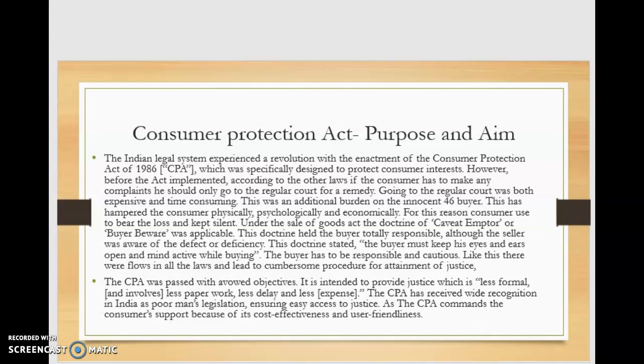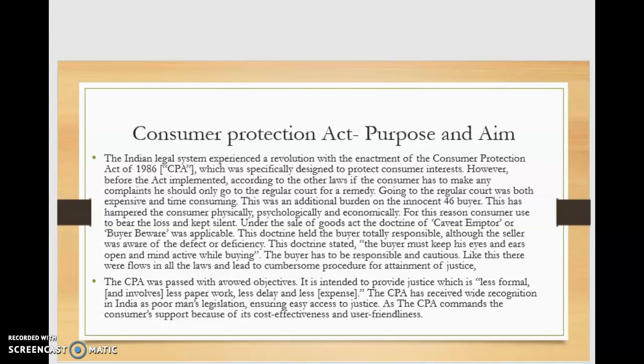These are a few purposes for laying down the Consumer Protection Act in order to serve the consumer best. It received wide recognition in India as poor man's legislation, ensuring easy access to justice.